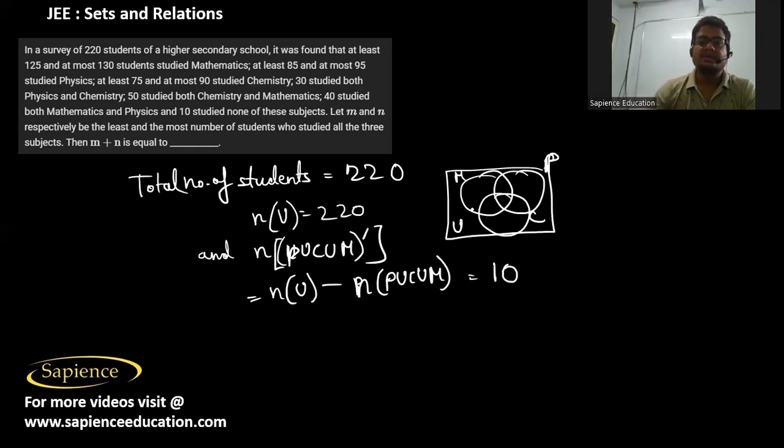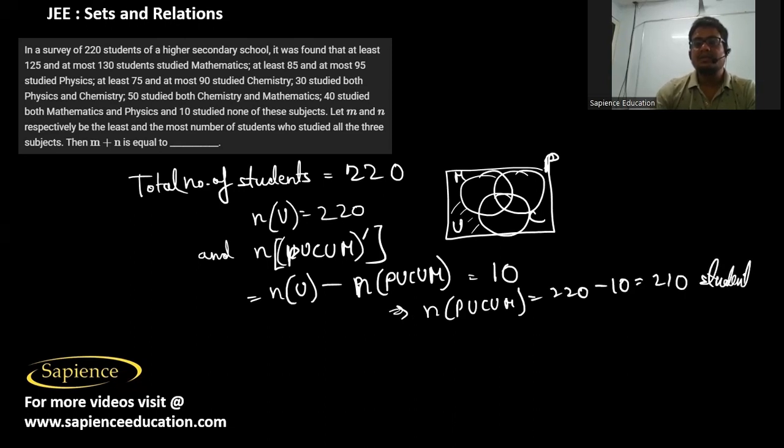So 10 students studied none of these subjects. Therefore n of P union C union M will be equal to n of U, which is 220, minus 10, that is 210 students. So 210 students studied either physics or chemistry or maths, which means at least one of the three subjects.